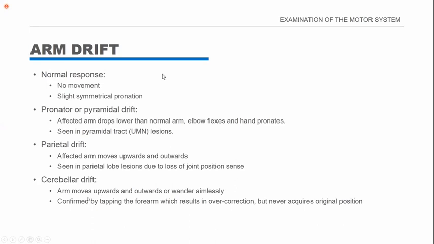Then cerebellar drift, where the arm moves upwards and outwards. Here it pronates, and here it moves upwards, and when it wanders, it may not stay in one place. If you tap the arm, there is overcorrection, which we call rebound phenomenon.